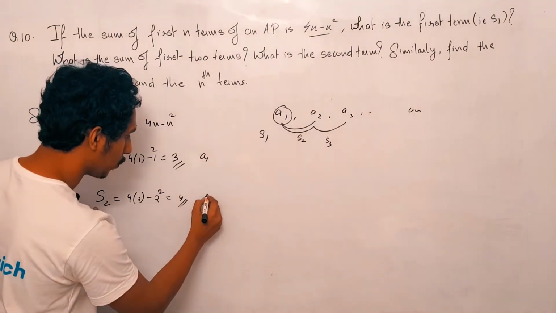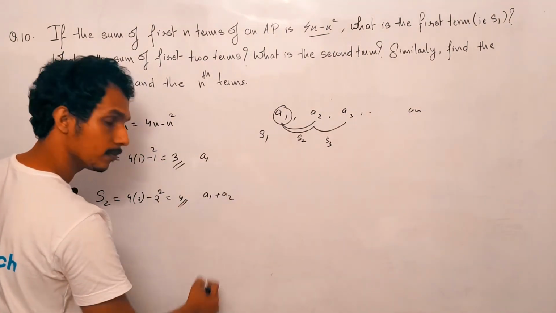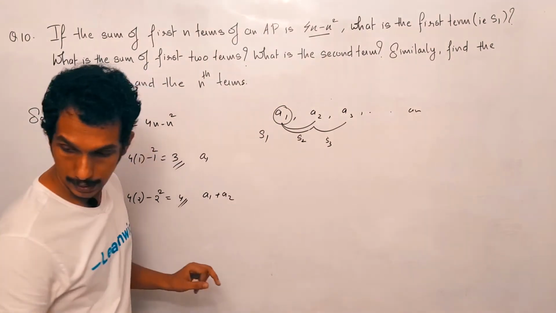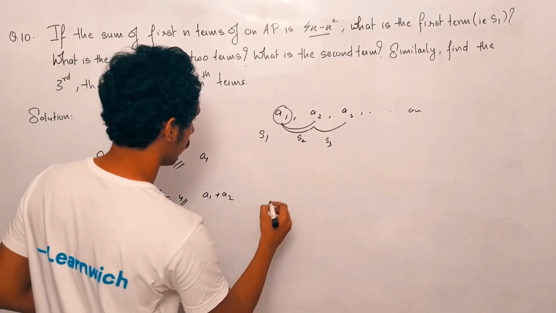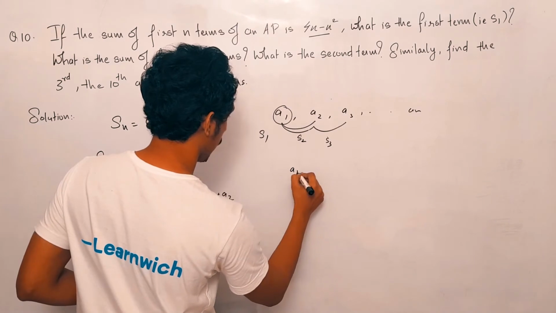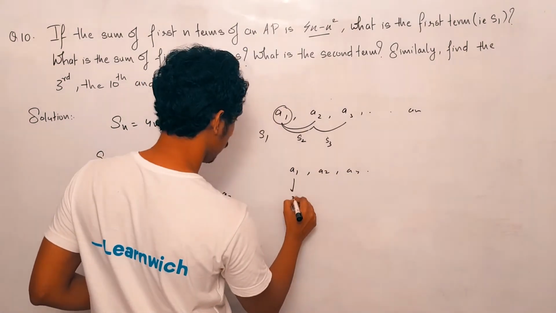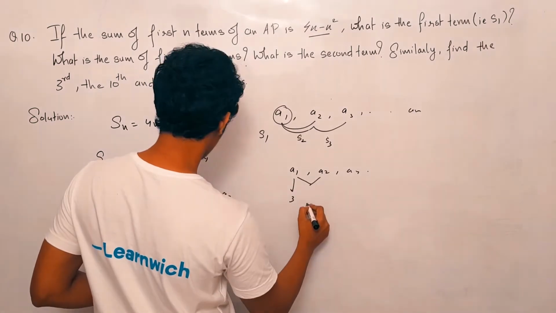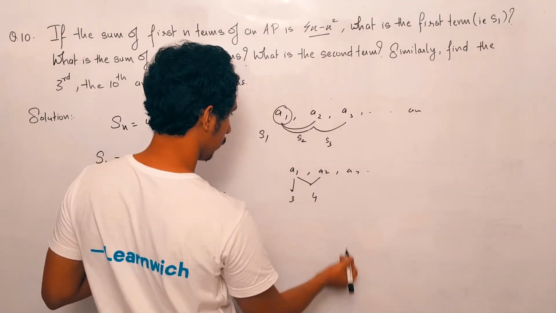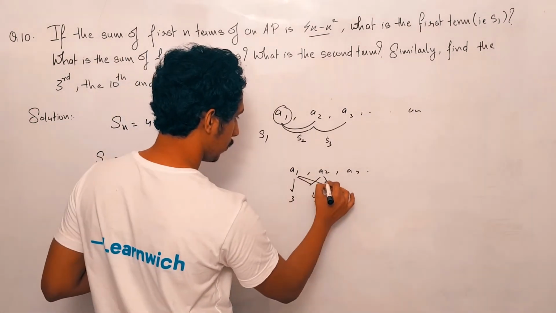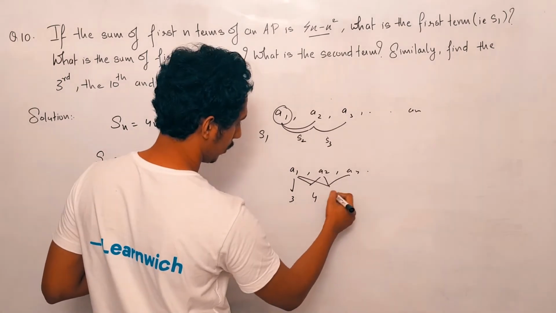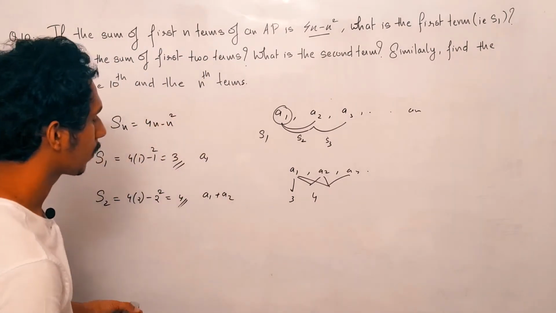S2, don't write A2 here. This is A1 plus A2. So when you write the AP, you have A1, A2, A3, etc. A1 is 3. A1 plus A2 is 4. A1 plus A2 plus A3, this is the third term, we'll find out what that is.